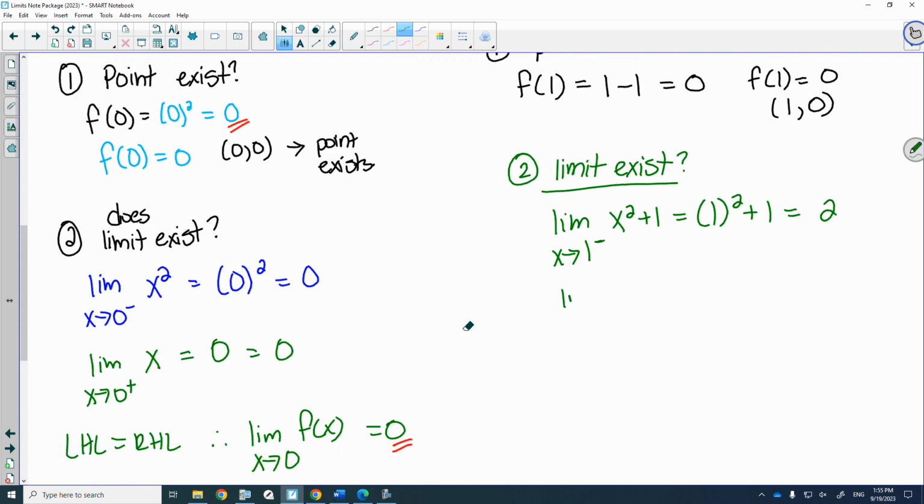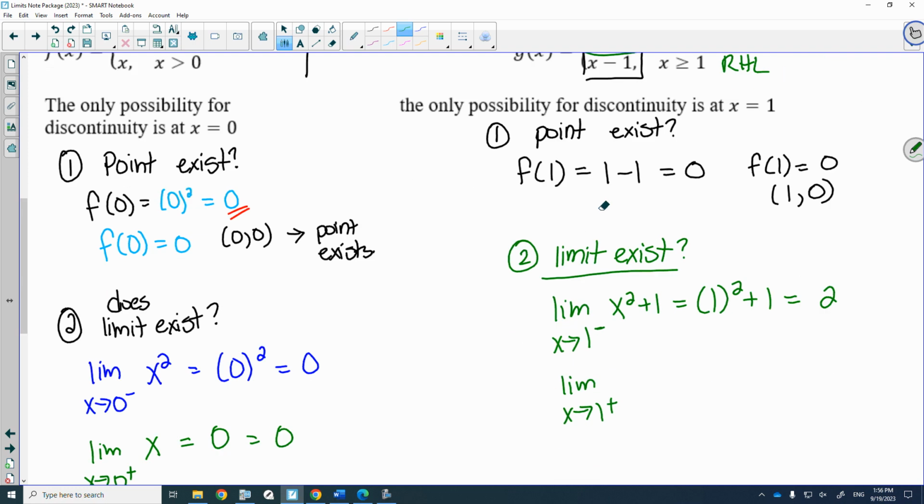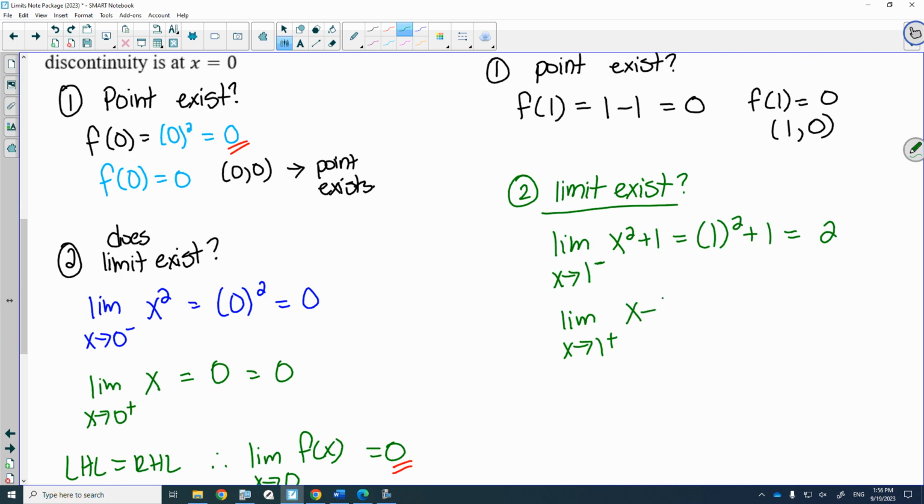Now I need to find the limit as x approaches 1 from the right-hand side. The right-hand limit would be x minus 1, which would be 1 minus 1, which is 0. Does the limit exist? No. I don't even need to go to number 3, right? Because number 3 is the limit equals the point.